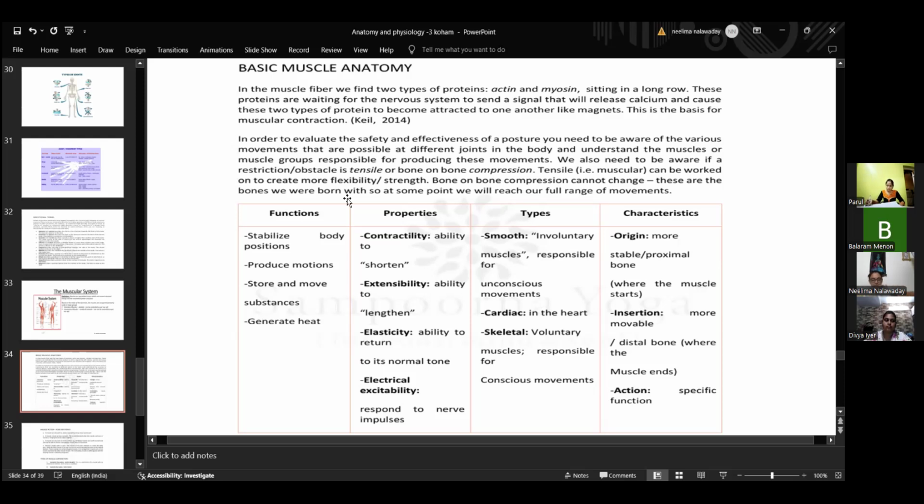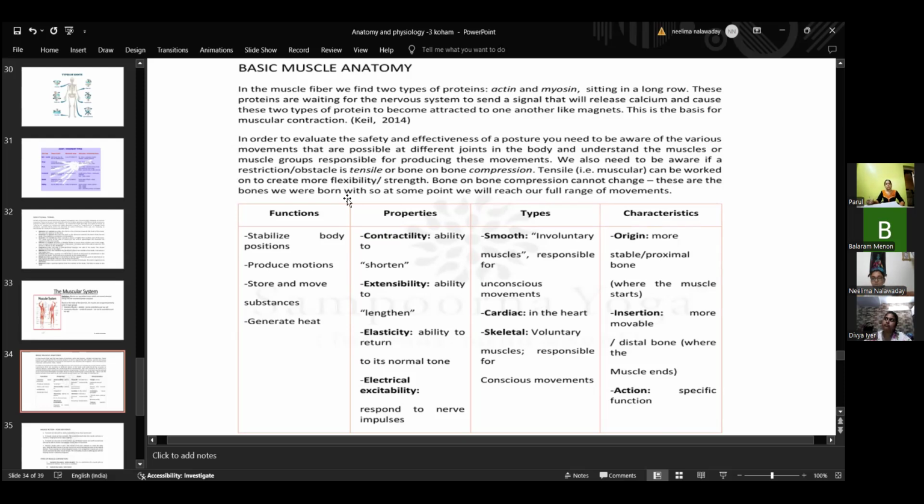There are multiple muscle fibers, and on each and every muscle fiber, there are proteins called actin and myosin sitting in a long row. These proteins are waiting for the nervous system to send a signal that will release calcium.